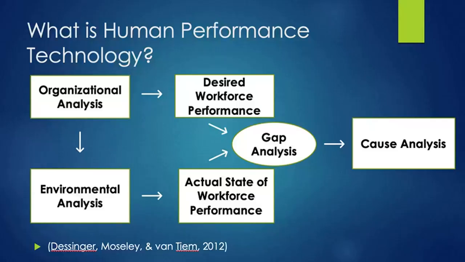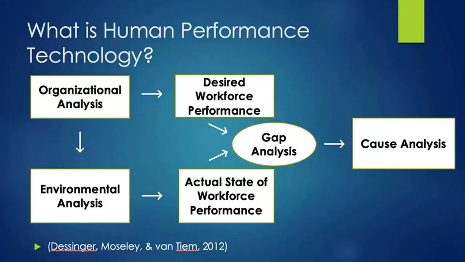And then from the beginning part of the organizational analysis, the practitioner can go to the desired workforce performance, so the desired human performance. So if the actual human performance does not line up with the desired human performance, between those two is the gap analysis.